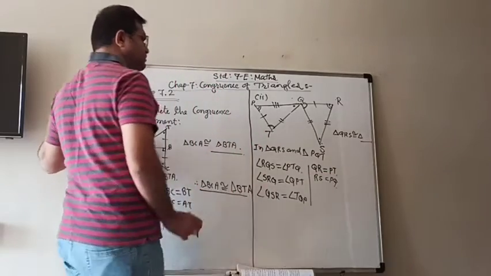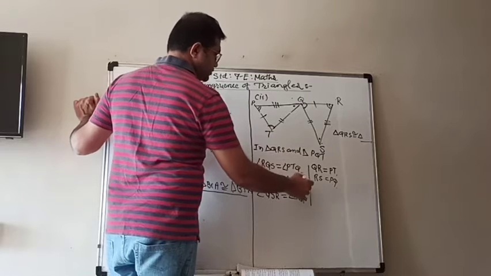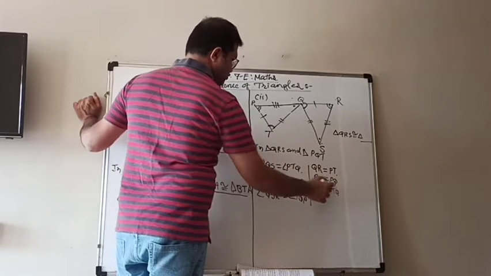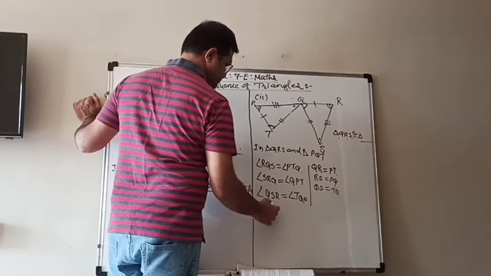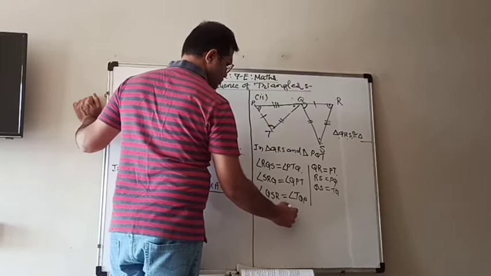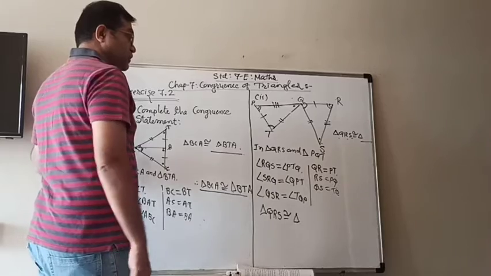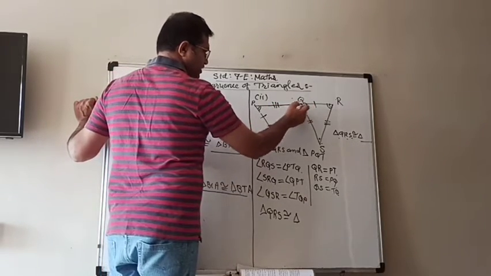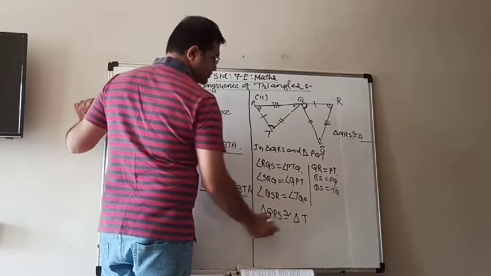And the last remaining is QS and TQ. So now triangle QRS is congruent to triangle. Now you can see here also Q has this sign, so the same sign is with T. So you can write T here.